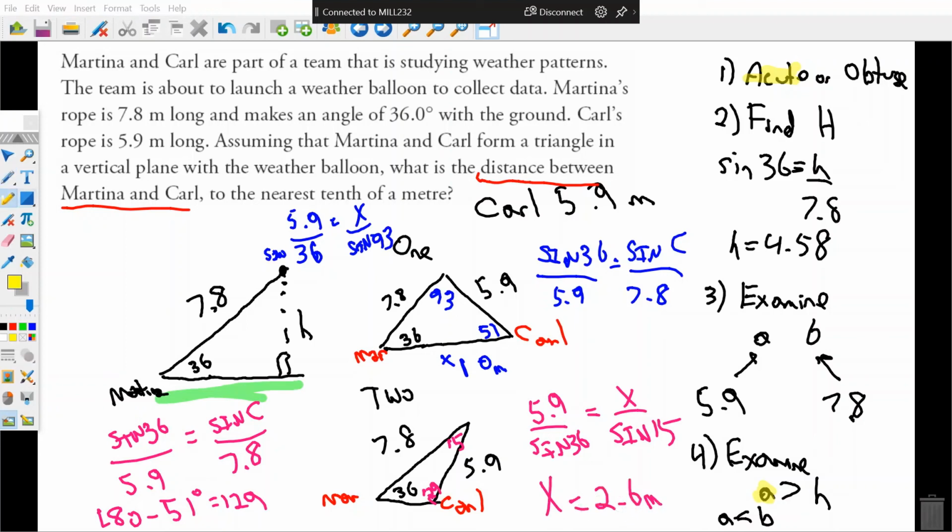So here, again, we have two possible answers. So when it says what is the distance between Martina and Carl to the nearest tenth of a meter, you'd have to say they are either 10 meters apart or they are 2.6 meters apart. Now I know this is a long question and there's a lot of steps. There isn't a ton of these on the test, but you do have to know how to do it, okay?